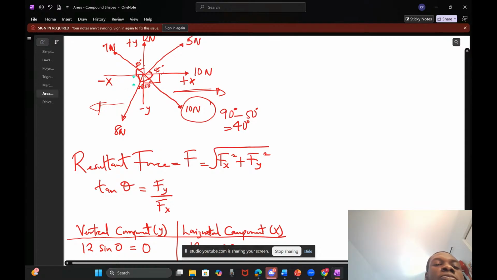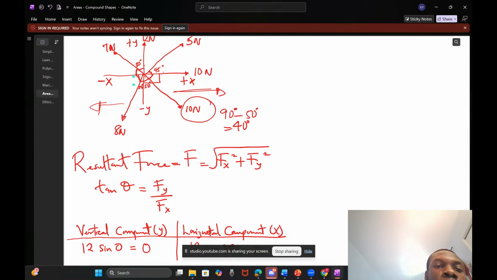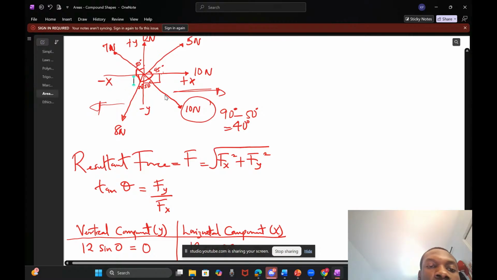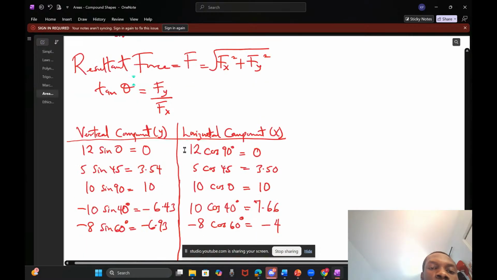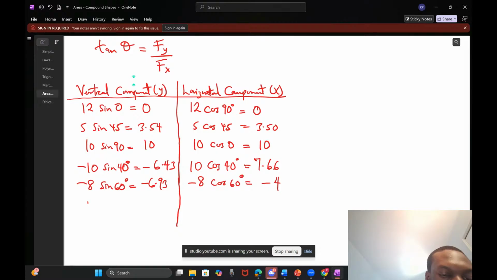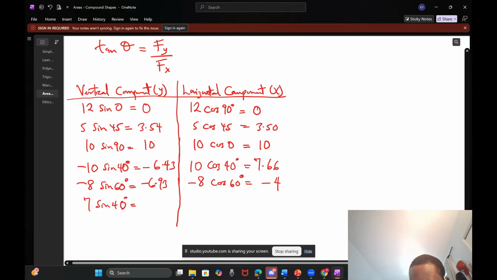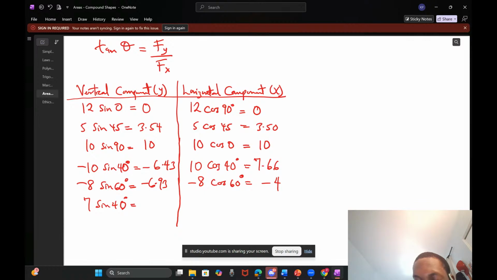This is the positive y-axis, so it will be plus 7 sine 40 degrees. 7 sine 40 is 4.50.